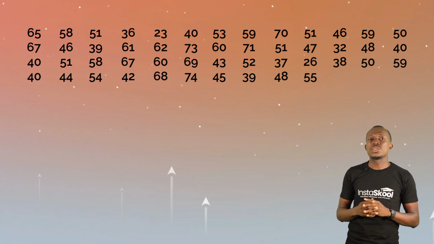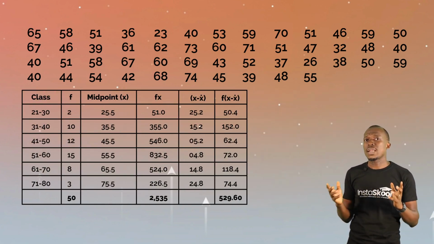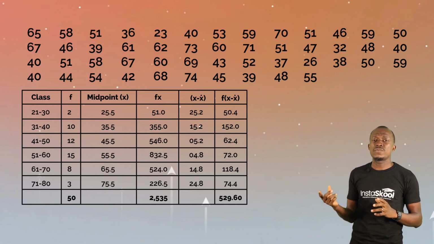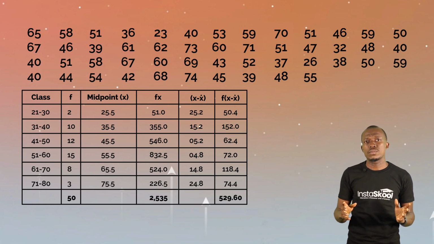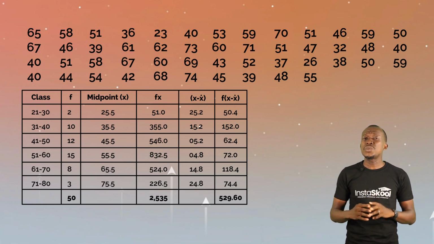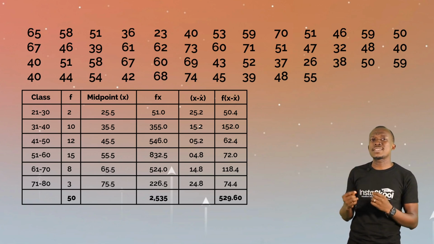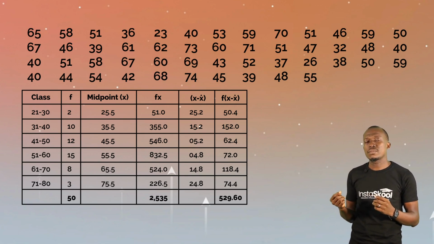So the first step to make it easy is to group our data. So we choose the class interval 21 to 30, 31 to 40, 41 to 50, and so on. When that is done, we use our knowledge of tally to assign frequencies to them.